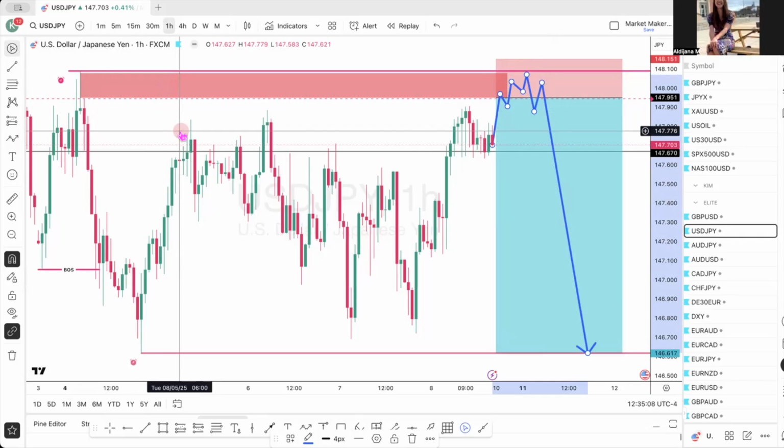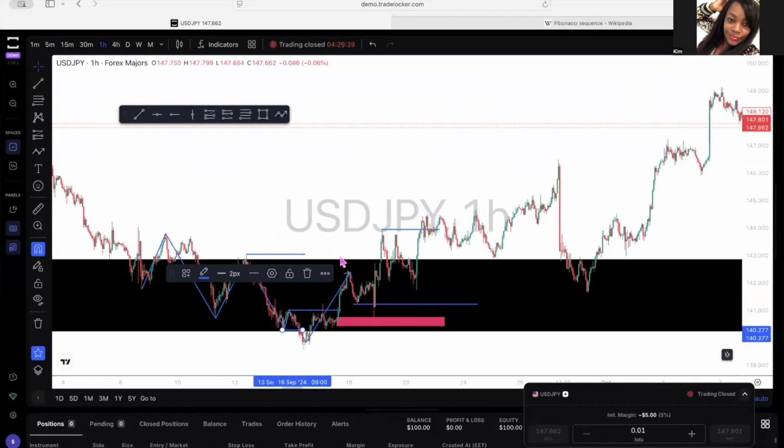And with the limit, what do you mean? So let me go back to TradeLocker. Is the limit a stop loss? No, it's a buy limit. A buy limit? Okay.